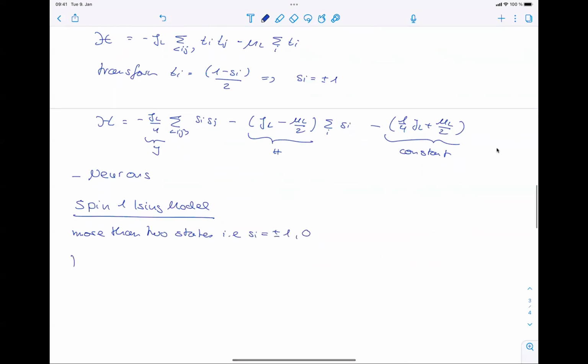And then just this little change of having one more state can make the Hamiltonian quickly a little more involved.